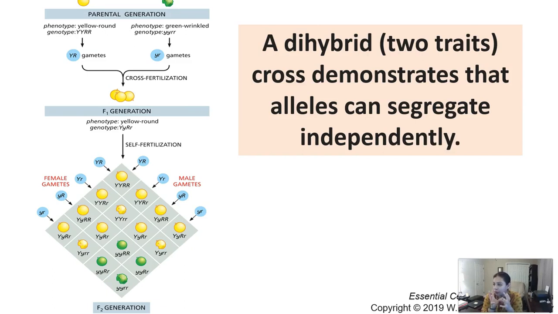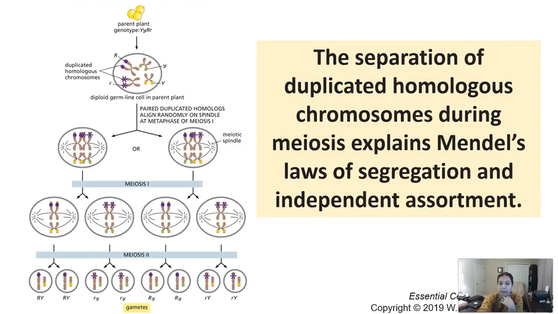The majority of them, the 9, are going to look like the parents, and then you'll have 3 that are completely dominant and 3 completely recessive, 3 that have one dominant and the second recessive of each type, and 1 that's completely recessive for both. So it's important to know that the more genes you have, the more variability you're going to be introducing.